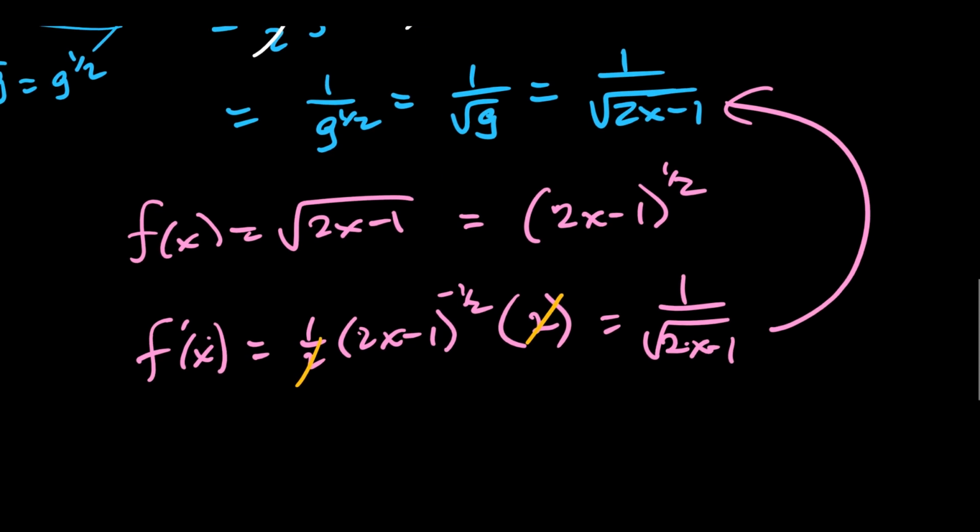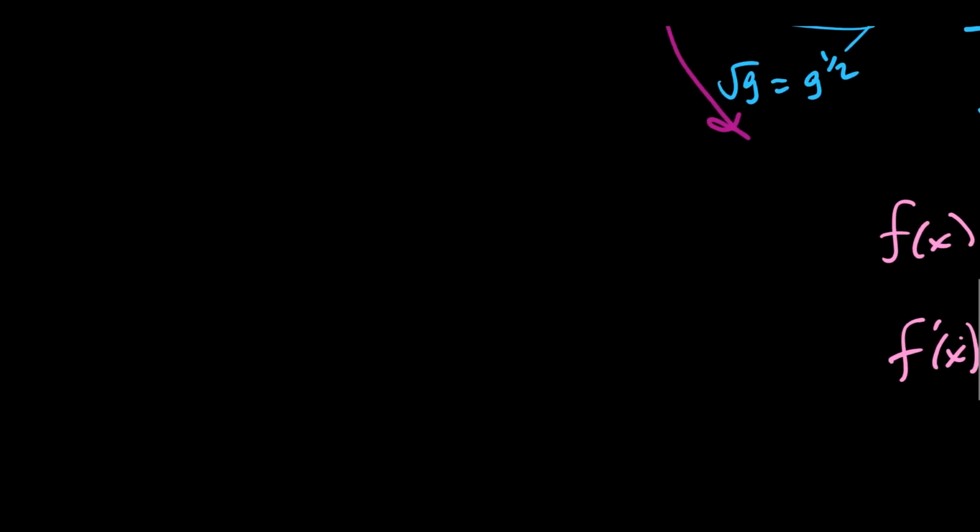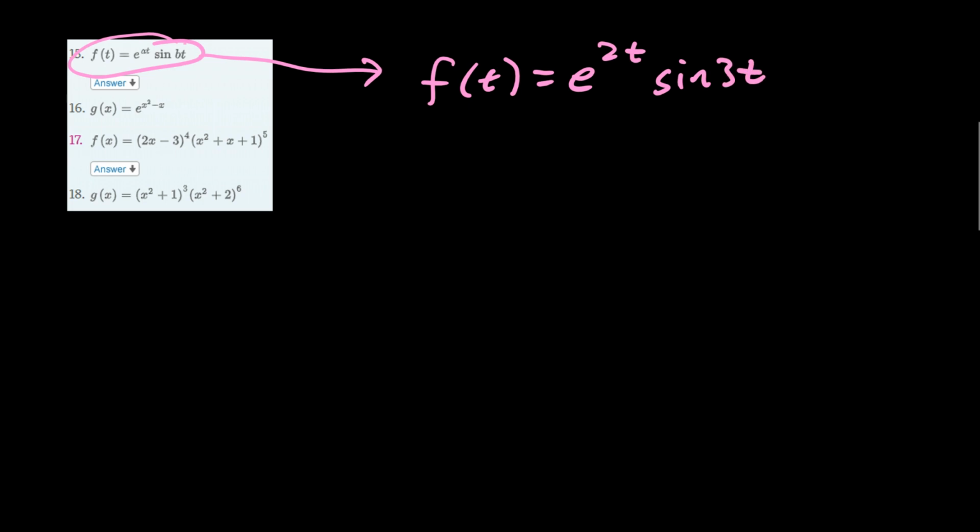All right, so let me do a few more examples so that you can really get this down. So let's try this one here, but I'm going to modify it some. I want to do f of t is e to the 2t times sine of 3t, like that. So I'll just put the parentheses there. Now, let's just walk through first this one here, okay?